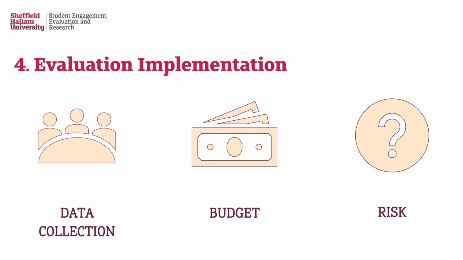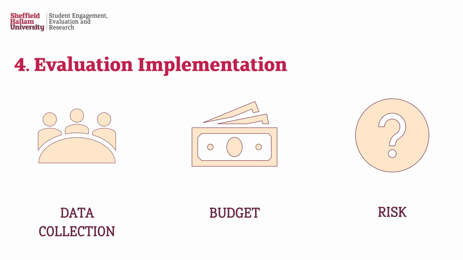The 4th section is evaluation implementation. Firstly, consider your data collection. At this point, evaluators should consider the following questions. Do you know how you will access the data required to measure impact? Do you work with any other stakeholders where data sharing protocols might be needed?